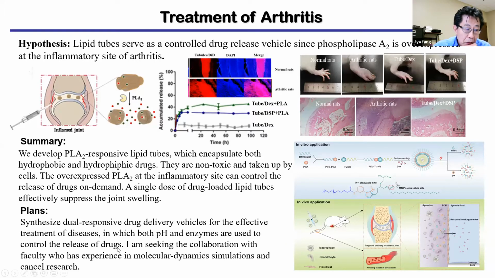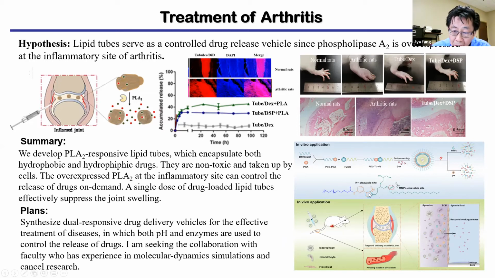In the future, at the disease site, the enzyme variation is one factor. Also, pH will change. And we're interested in developing a multiple-response drug delivery vehicle using the self-assembly of a polymer, which we plan to synthesize.